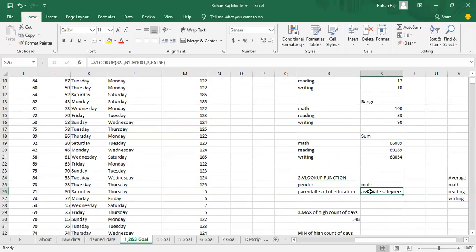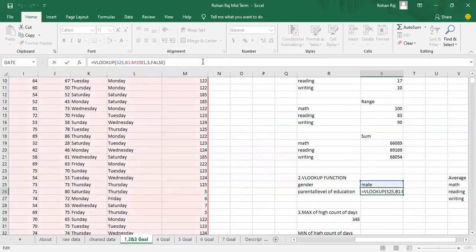For the answer of associate degree, we would be using this formula where VLOOKUP is the function, and S25 is the value we look up for male, and B1 to M1001 would be selecting the data from B, and this would be the three.